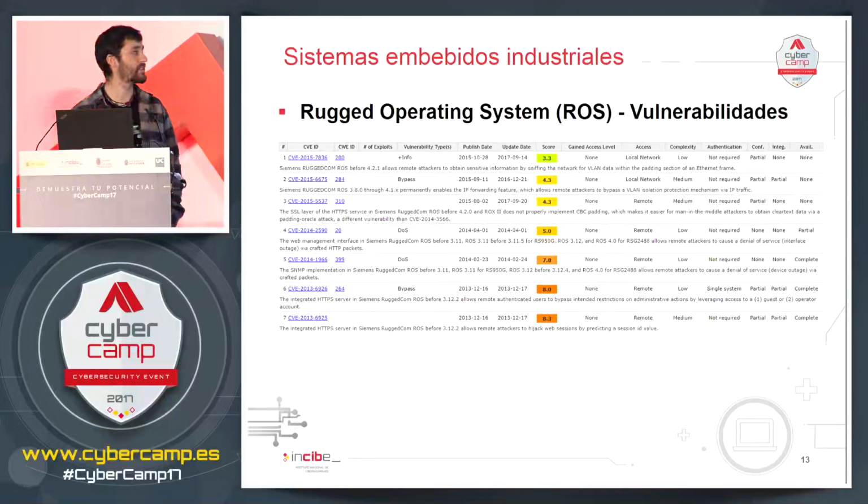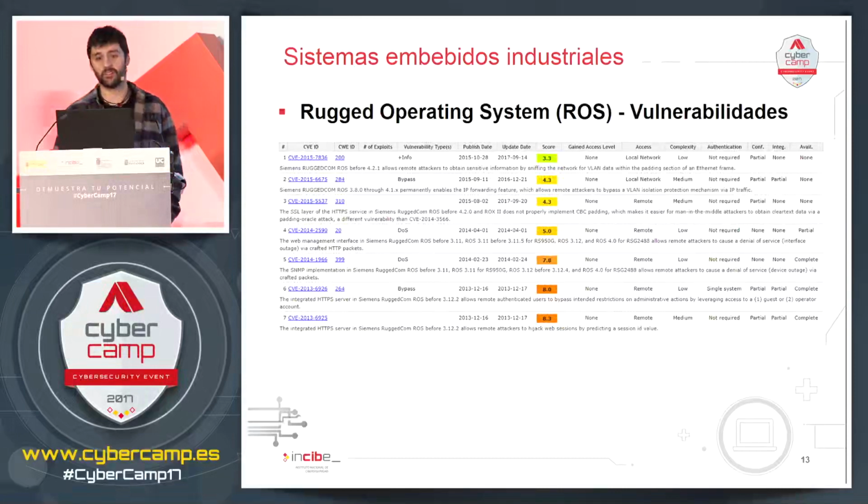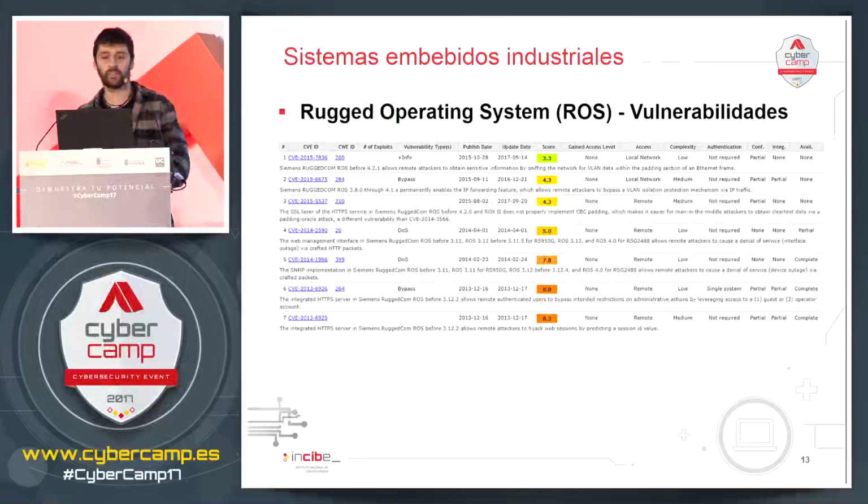Vulnerabilities. As you can see, there's a few, especially service denial. Why? Because on an industrial level, availability is very important.